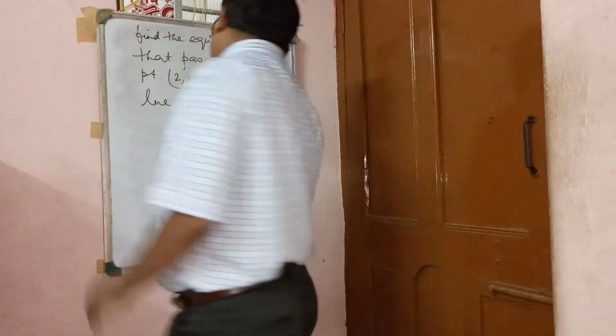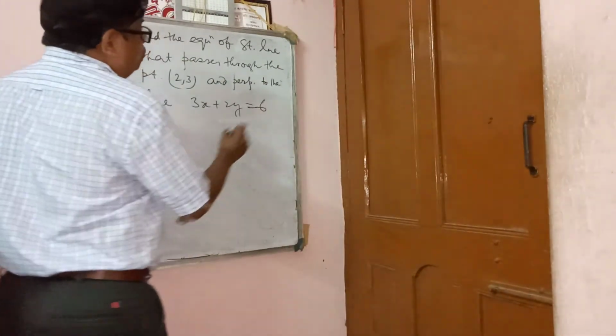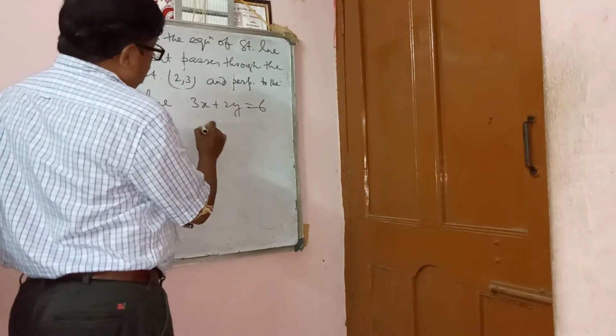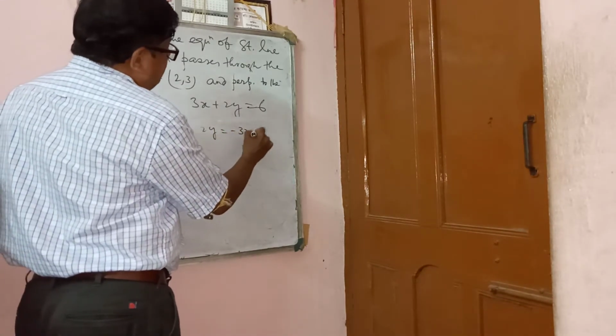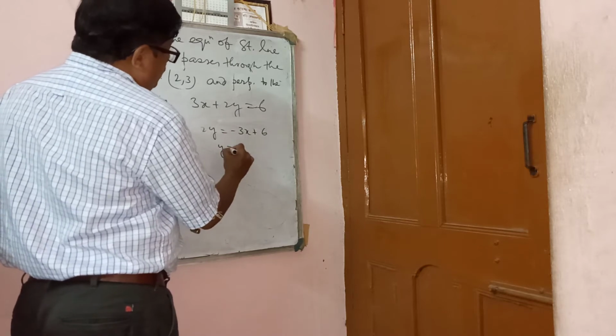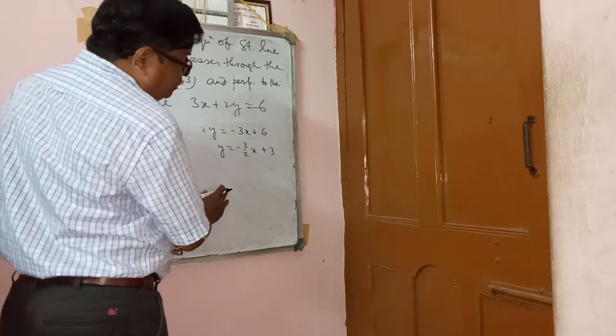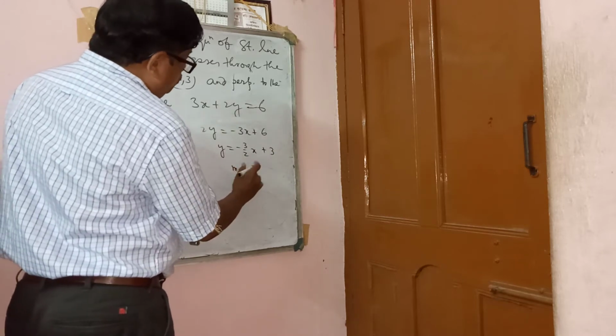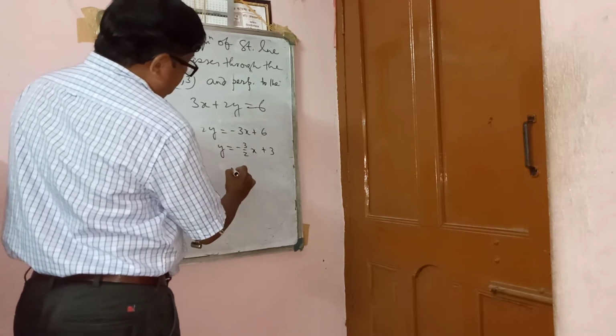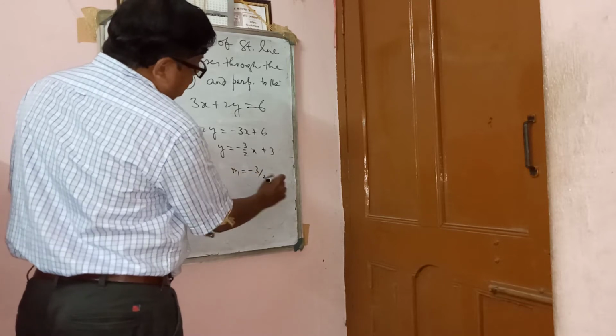In a similar way, look here: 3x plus 2y equal to 6. So 2y equal to minus 3x plus 6. So y equal to minus 3 by 2 x plus 6 by 2. So you can write m1 equal to minus 3 by 2.